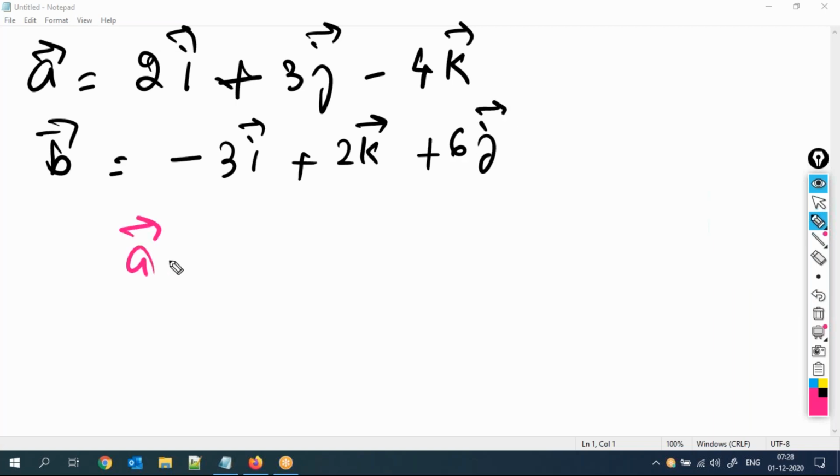Okay, guys, a dot b. Please tell me what will be the case. Who is going to tell me? You people don't know how to multiply? Minus 6.